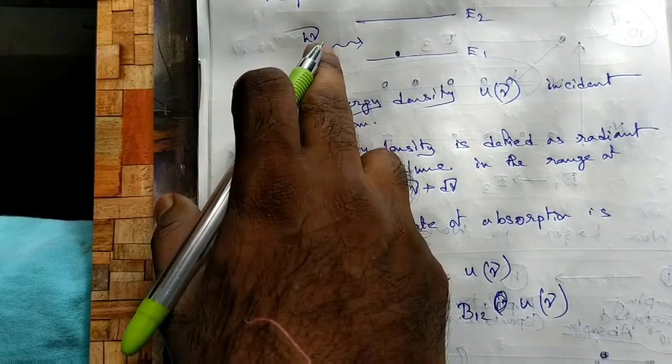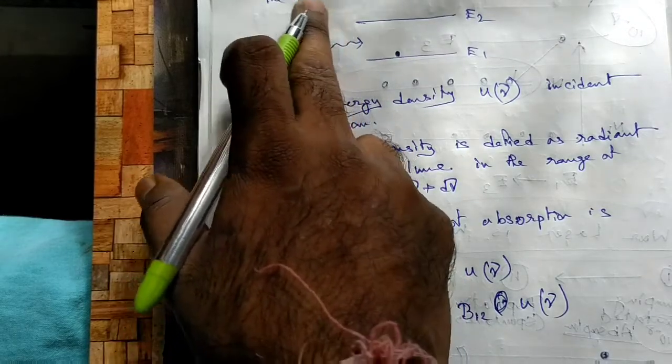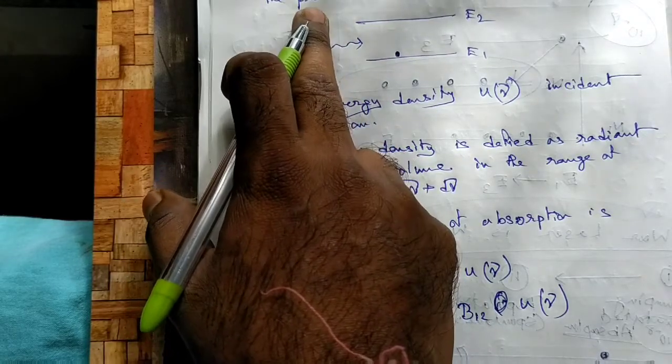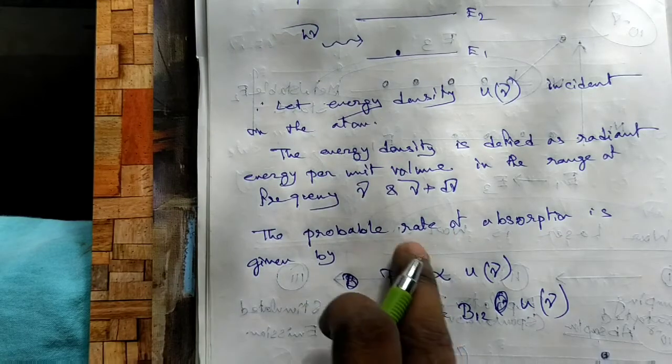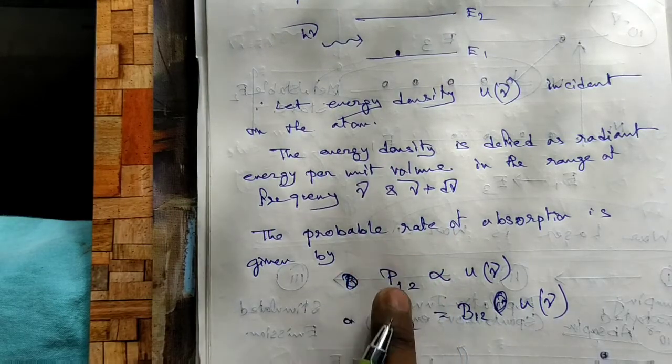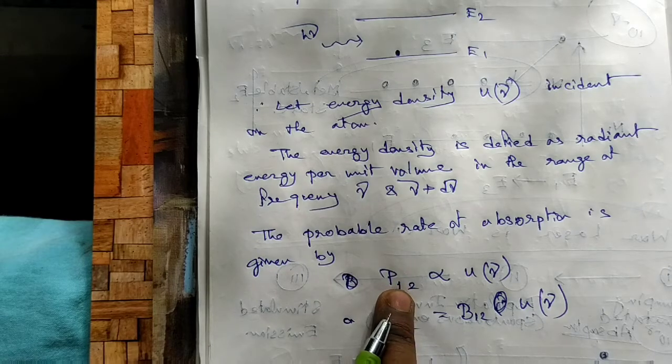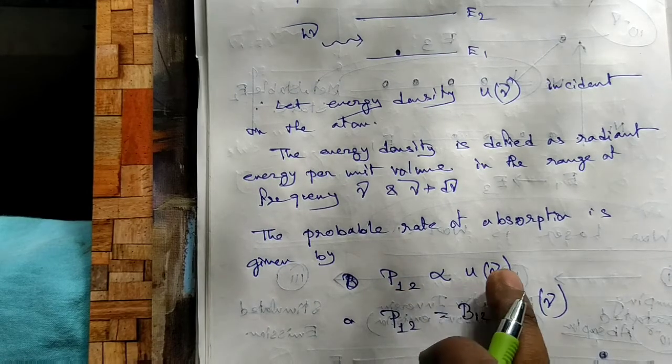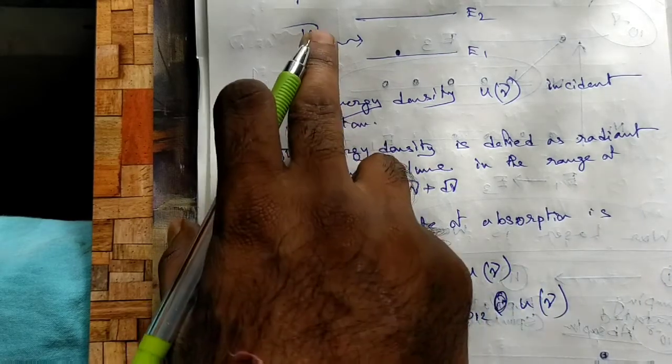That means if you increase the energy density of this photon, then obviously the absorption rate or absorption probability also increases. The absorption probability is always proportional to the energy density of this photon.